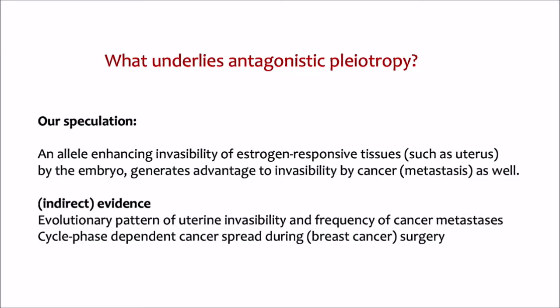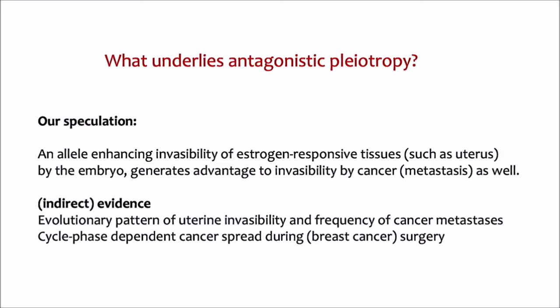So this interaction between the uterus and the embryo, and the ability to invade, dependent on the niche, is very similar between cancer and implantation. And there is some indirect evidence to that.